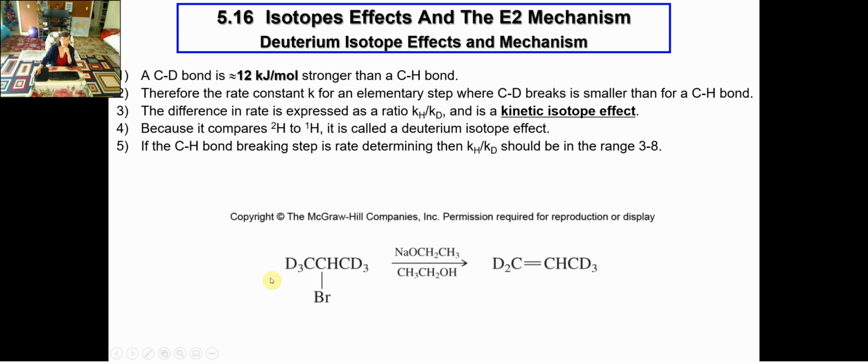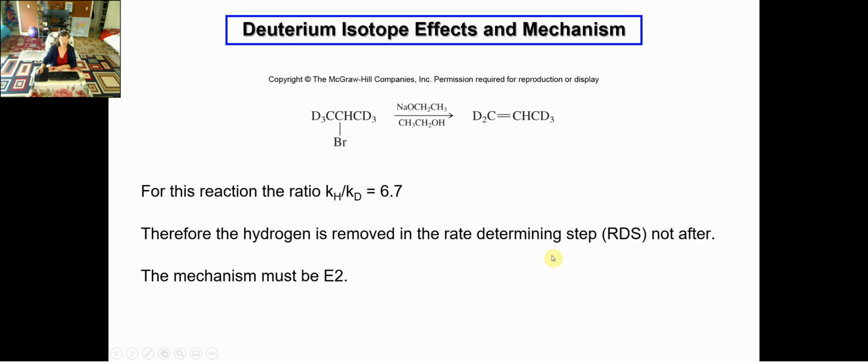For example, in this reaction you can remove DBr, producing this deuterium-based compound. One of the deuteriums will be replaced. This is an isotopic bond instead of this hydrogen. Theoretically, this hydrogen can be removed instead of the deuterium, so you produce this isotopic effect product.